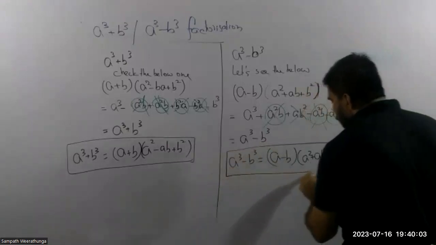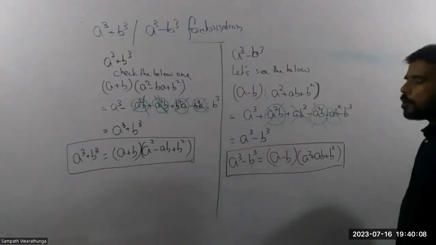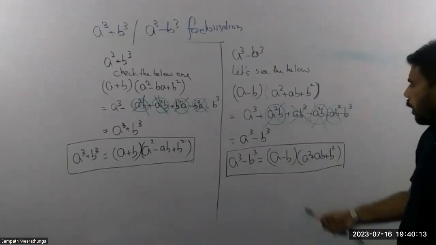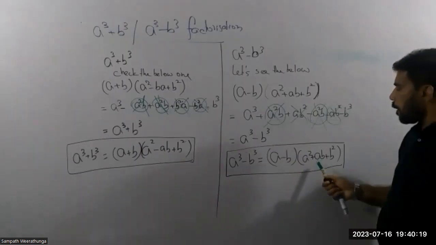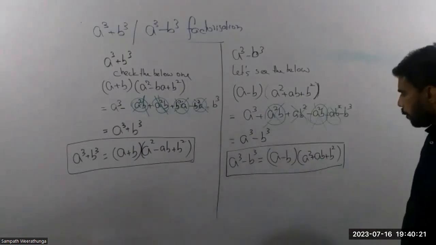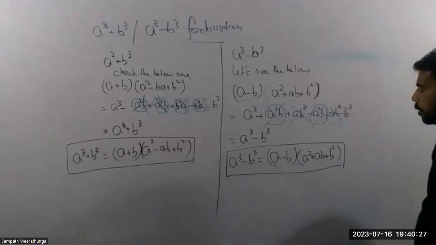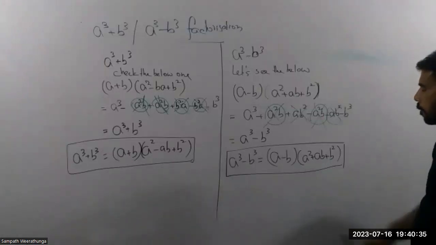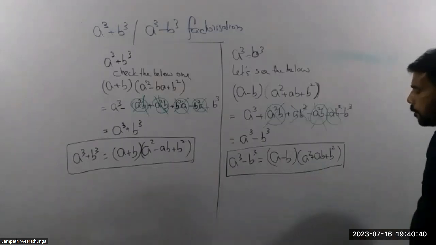Now we found a relationship for A cube minus B cube in simple form, but then you will ask what we can do to this second order, quadratic form. We don't have any direct factorization because it's not having direct factors. I cannot further factorize this with this nature.